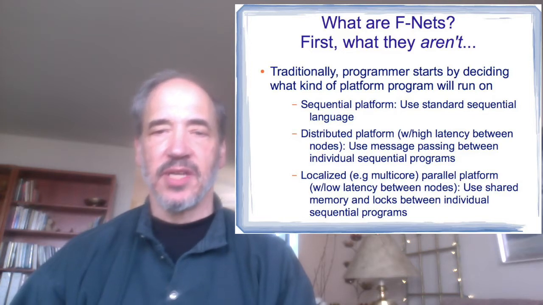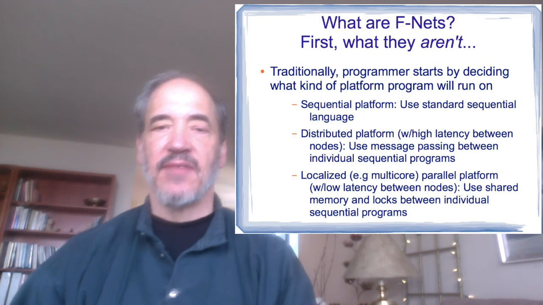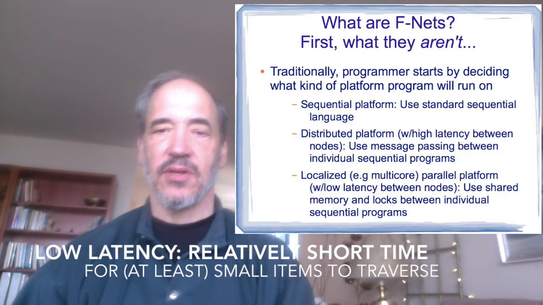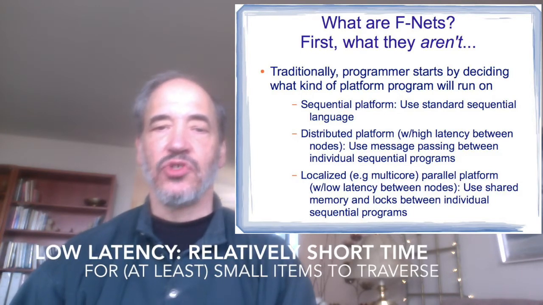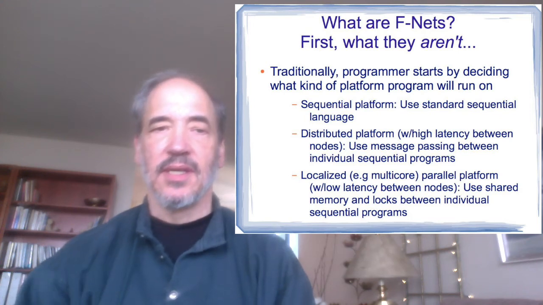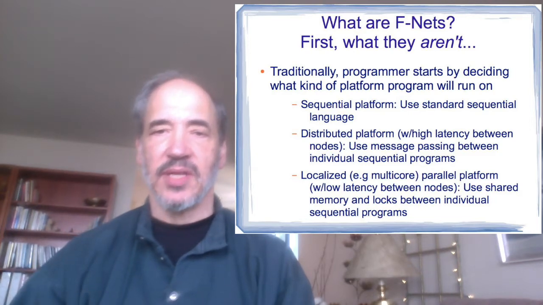If it's on a distributed platform with high latency between the nodes, they'll use some sort of message passing between individual sequential programs. And if it's more localized on a multi-core or otherwise shared memory platform with low latency between the nodes, then they'll use shared memory and locks between individual sequential programs.